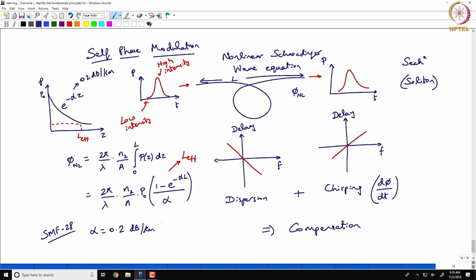If you want to convert it to Nepers per meter, how do you do that? That's 0.2 into 10 power minus 3 dB per meter, and to convert from dB to Nepers, you divide by 4.34. So you can say this is 0.2 divided by 4.34 multiplied by 10 power minus 3 Nepers per meter.